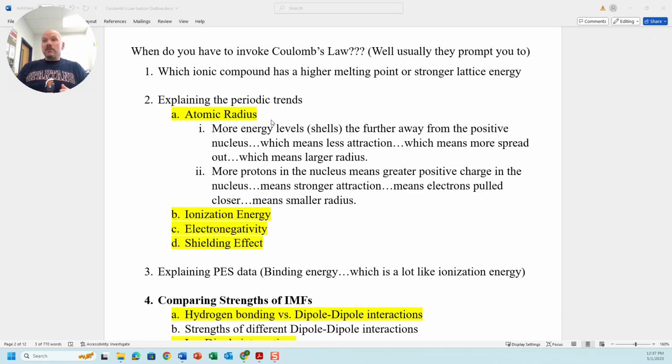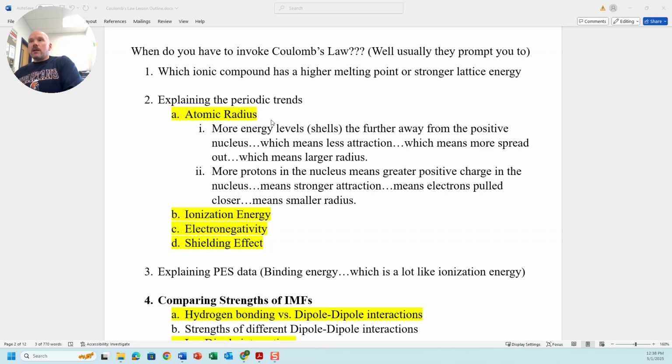So we gain a lot more protons in the nucleus. Potassium has 19 protons in the nucleus, and sodium only has 11. But potassium's bigger, because the electrons are more spread out: potassium has more energy levels. The valence shell for potassium is energy level 4, and the valence shell for sodium is energy level 3. So the more shells you have, the bigger the radius, okay?